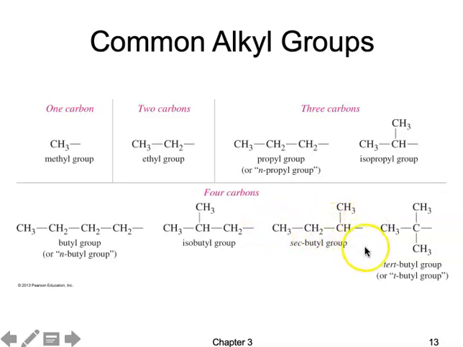So in other words, all of these groups are hanging off of a longer parent chain, right? So imagine each one of these ends at a longer parent chain. This one is incredibly important, this thing called a tert-butyl group, which is a way to put a whole bunch of sterics in a molecule. But more on that later.